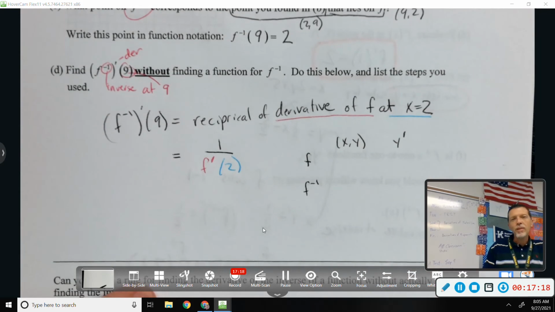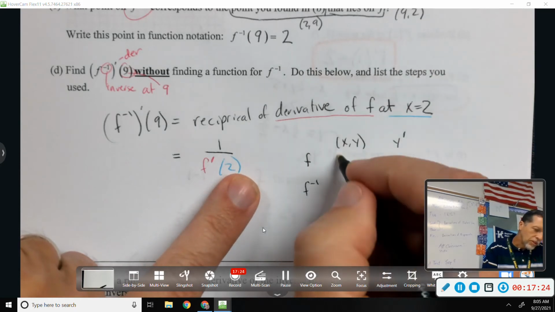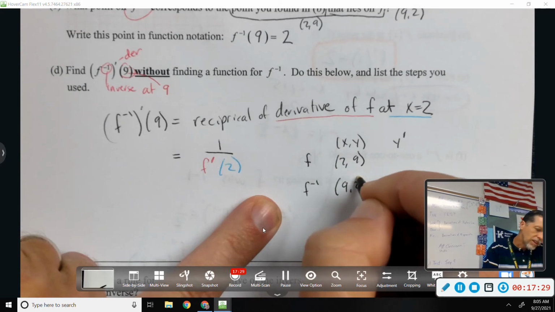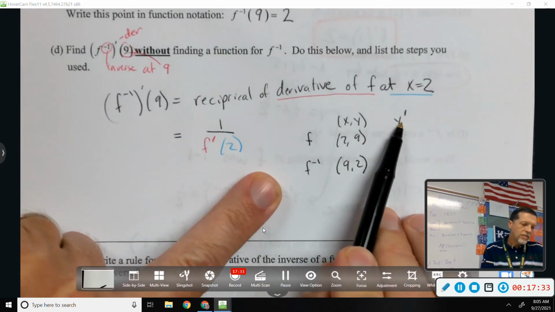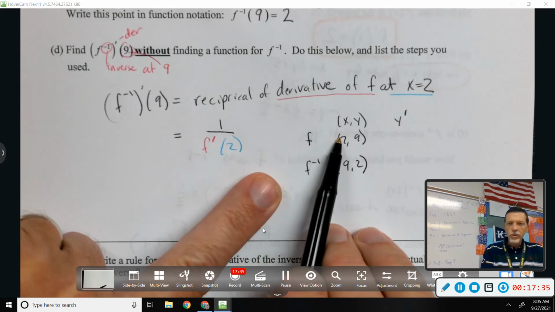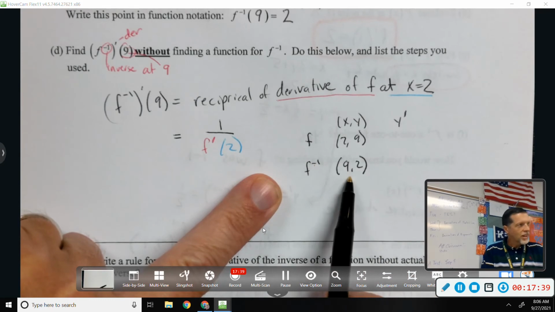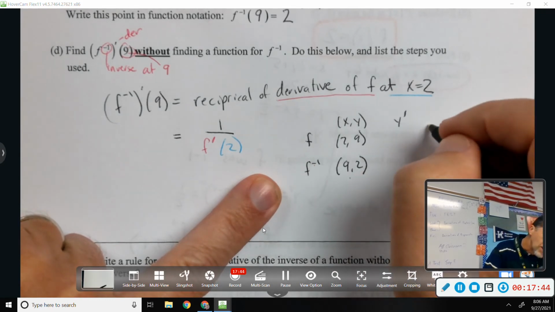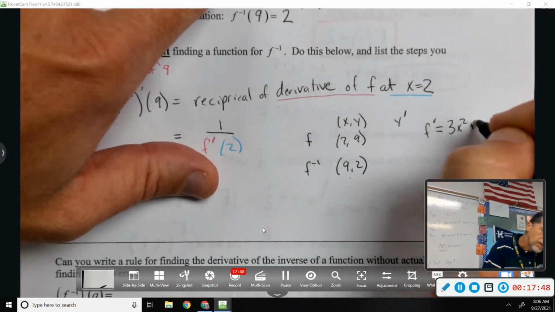I like making a table for this to try to keep all my information straight here. So the point on the original was 2, 9, which means the point on the inverse is 9, 2. And if I can find the derivative of F at 2, then I'll flip it over to get the derivative of the inverse at 9. Does that make sense? There's just a whole lot of words that get confusing here. So F prime, we already found that. That was 3x squared plus 3.